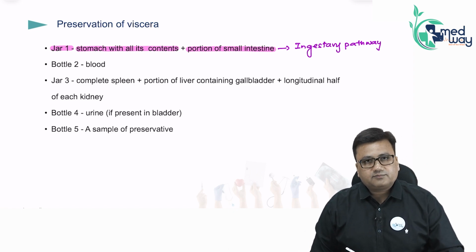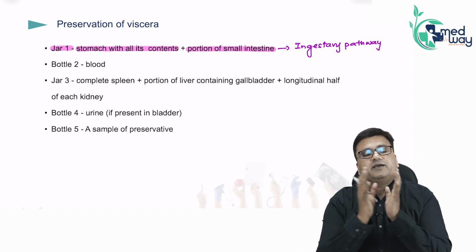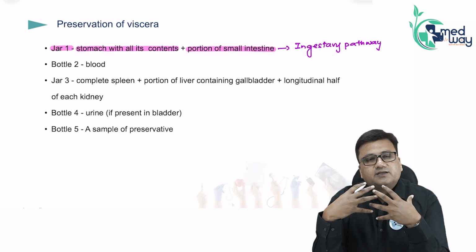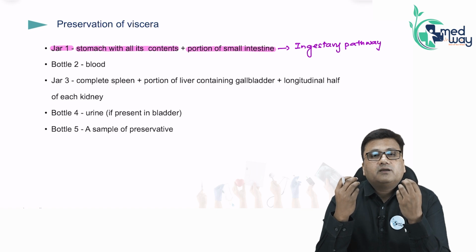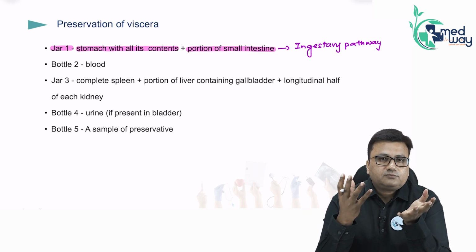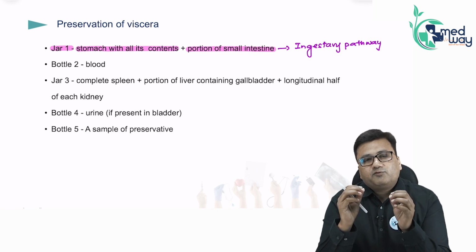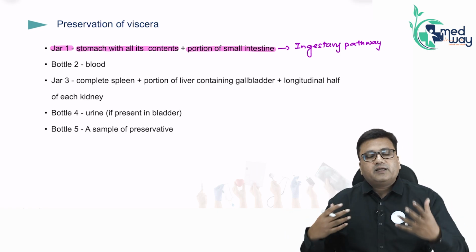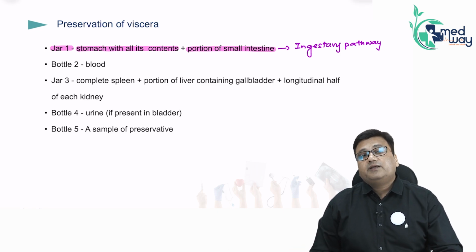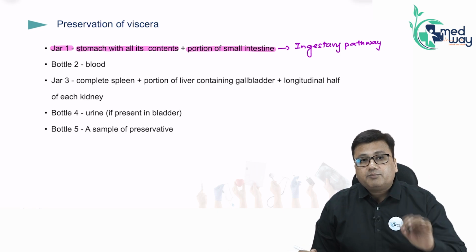So, this represents the ingestion, right. The second thing that happens after ingestion is that whatever has arrived in the stomach will be taken into absorption, and once it is absorbed from the stomach and intestines, it will be circulated in the body. So, the second thing that we need to preserve is the circulatory pathway.